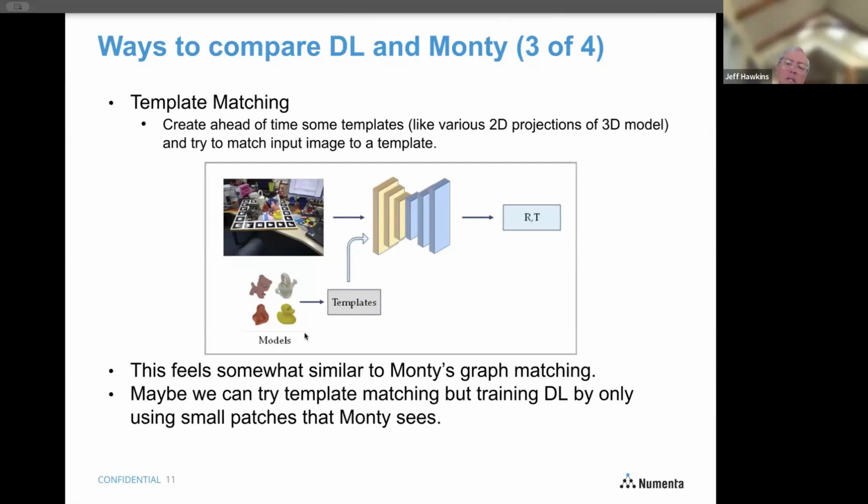Yeah, so in that sense, we have to avoid thinking along those lines. But is this method able to interpolate? If the object is in a new pose that is not in the templates, can it recognize that pose, or will it just match to the nearest template?